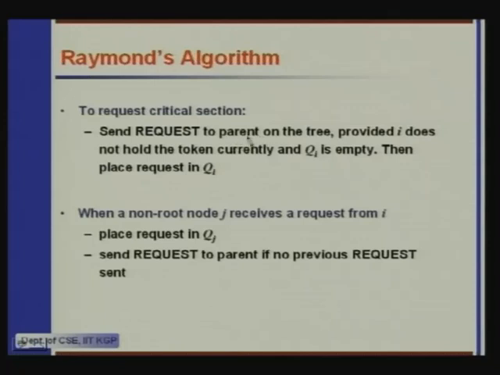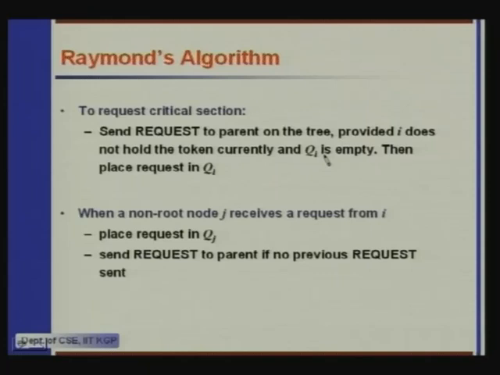It will send the request to parent on the tree provided I does not hold the token currently and Qi is empty. But if it has received a request from somewhere below, then there will be a request in Qi, so it will not be empty. So then it can't send a request. It has already sent a request, but it will place the request in Qi.